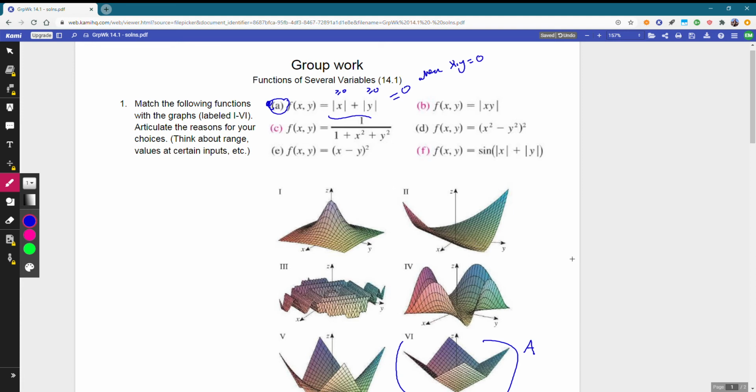All right, what about B? Another absolute value, but here we have a product, x times y inside the absolute value. It's going to be 0 when what's inside is 0. x times y equals 0. Since that's a product, this is when x equals 0 or y equals 0.